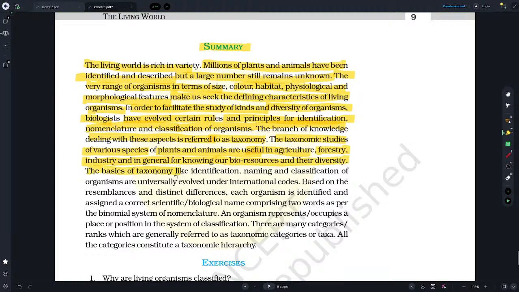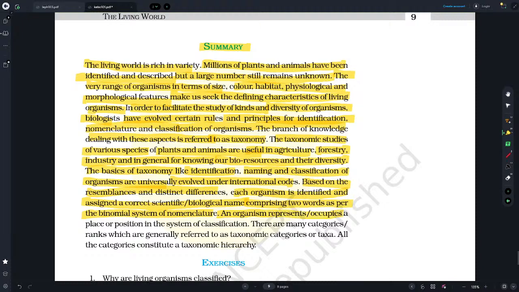The basics of taxonomy, like identification, naming, and classification of organisms, are universally evolved international codes based on the resemblances and distinct differences. Each organism is identified and assigned a current scientific biological name comprising two words as per the binomial system of nomenclature.